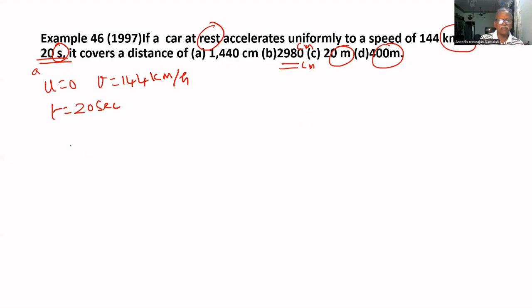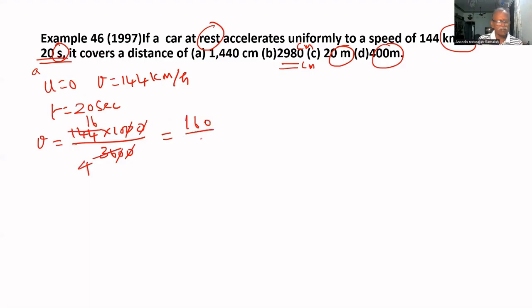Already we did that. So what is given? V equal to 144 multiplied by 1000 divided by 3600 seconds for 1 hour. 144 is 16 times 9, and 3600 is 4 times 9 times 100. So that is 16 times 10, 160 divided by 4.